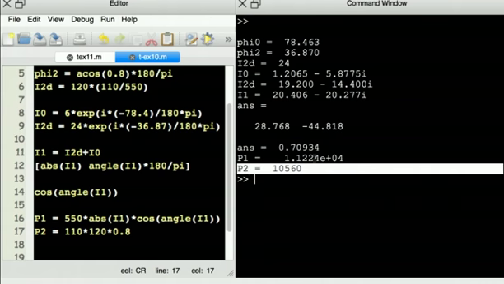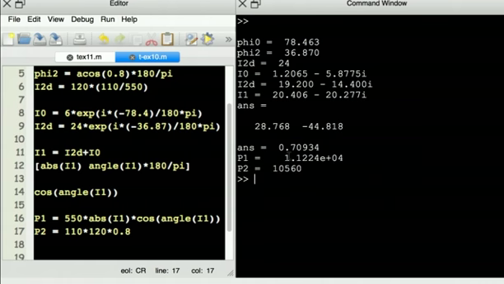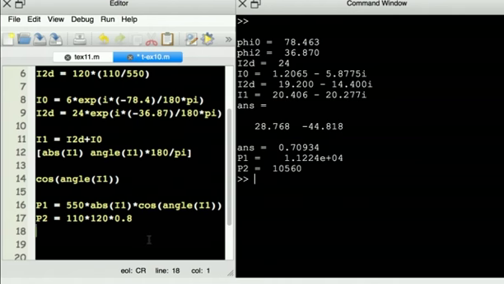It's just a problem with display. So what is P1? It is 11,224 watts. And then P2 is 10,560 watts. And then what is P1 minus P2? So this is loss.